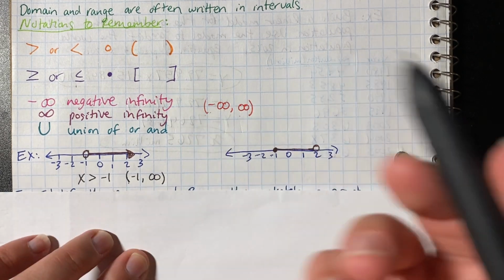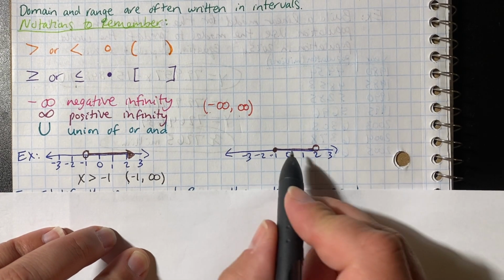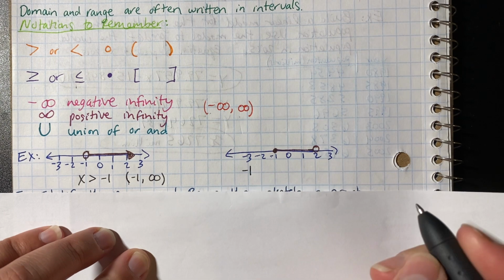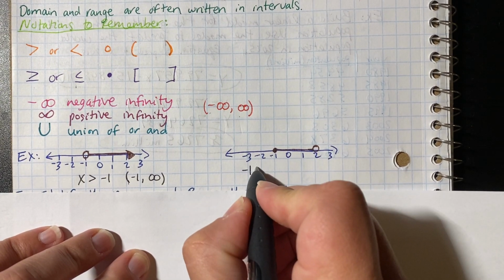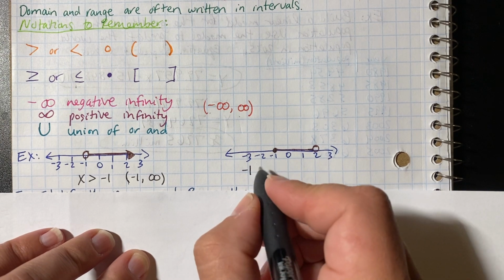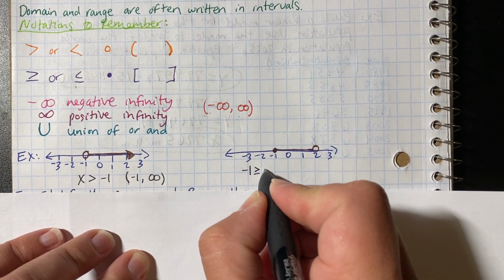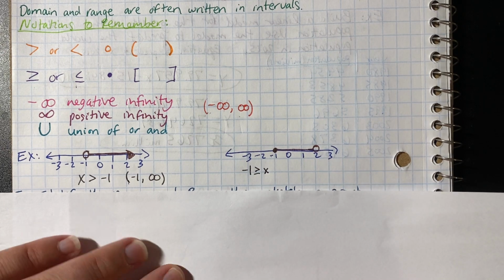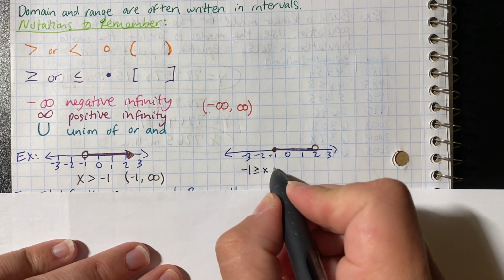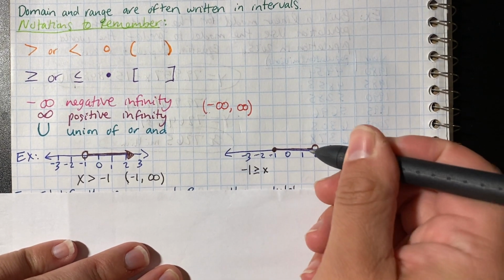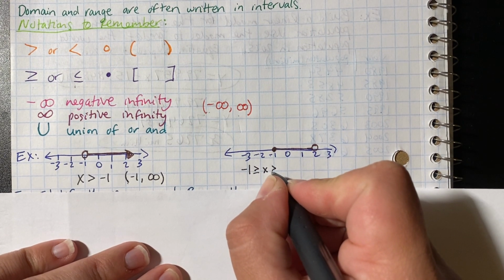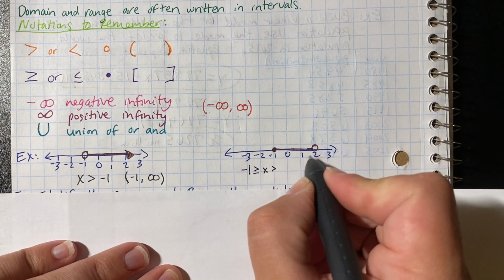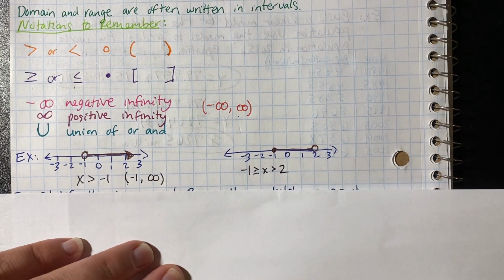Okay, next graph, let's look at that one. It's going to start at -1. Anything on this side is going to be greater than or equal to that -1. And as we keep going, anything on this side is going to be less than, because it's an open there.